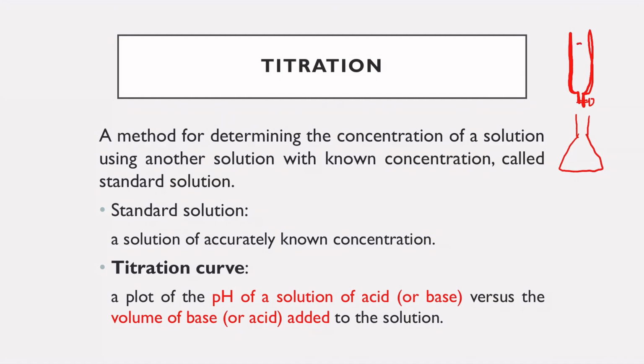In your burette, you have what is called the titrant. The titrant is what you will control, the amount, using the stopcock, and then add it into your analyte. The analyte can be either acid or base. Usually, during your experiments, your titrant was base and your analyte was acid.